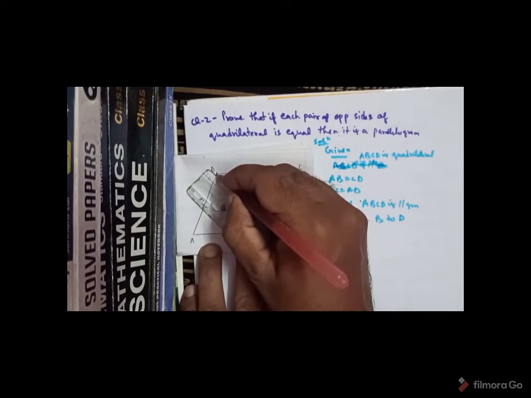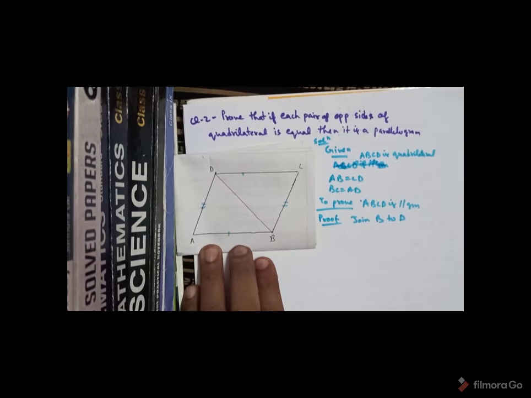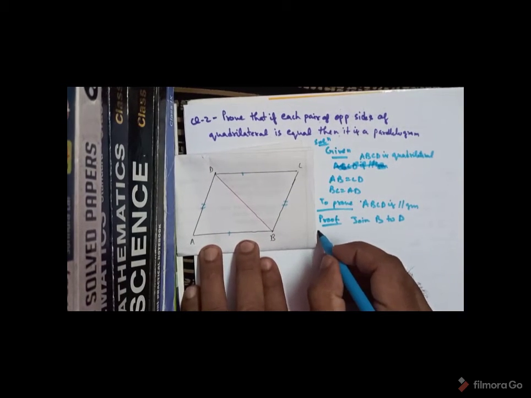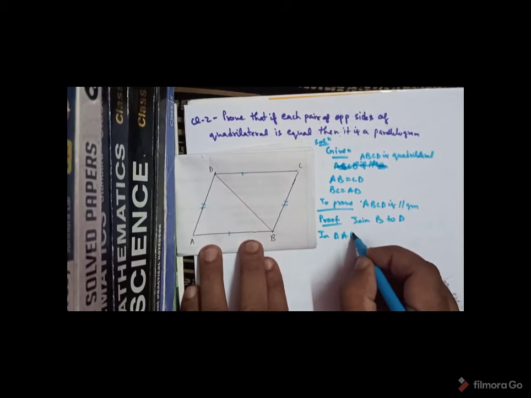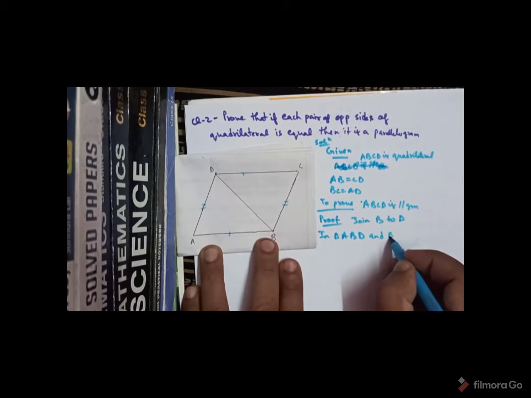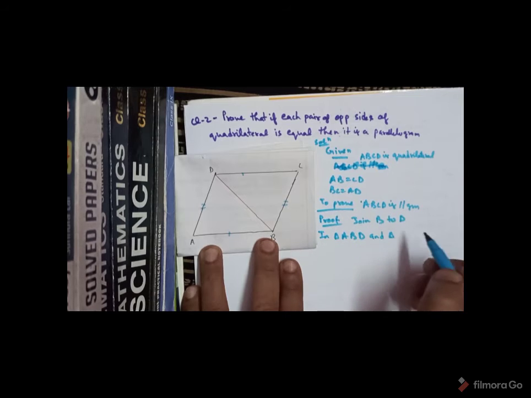So BD I have joined. Okay, diagonal BD is joined. Now we can see there are two triangles. In triangle ABD and triangle CDB.